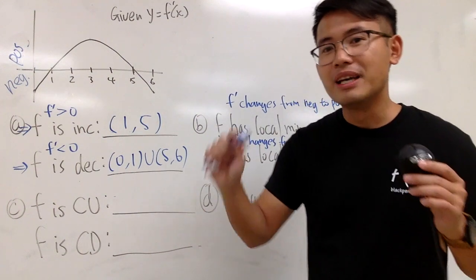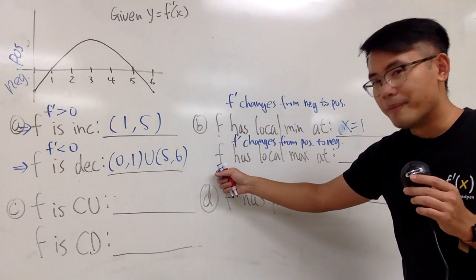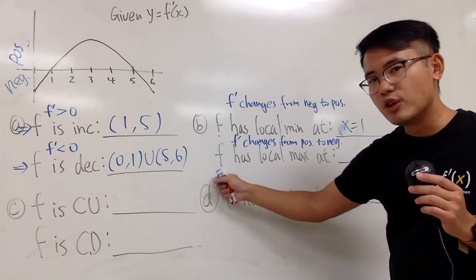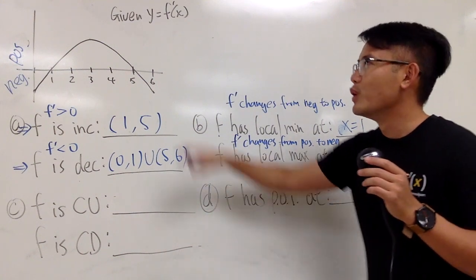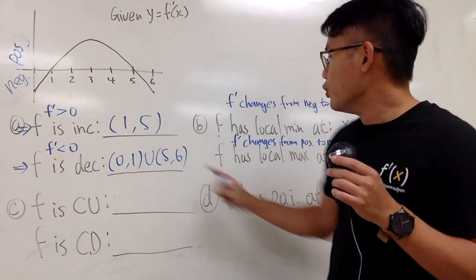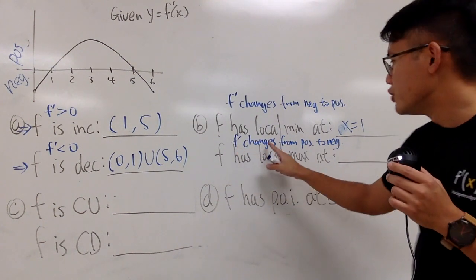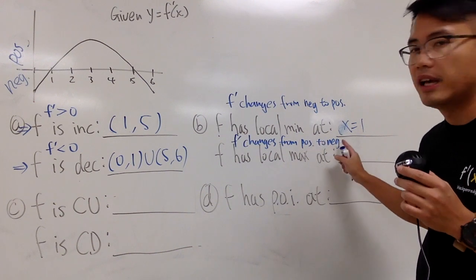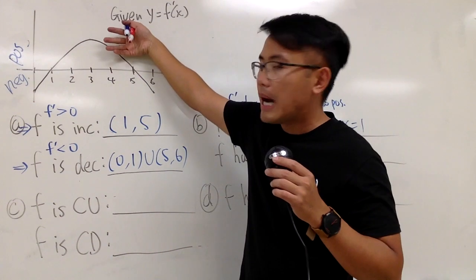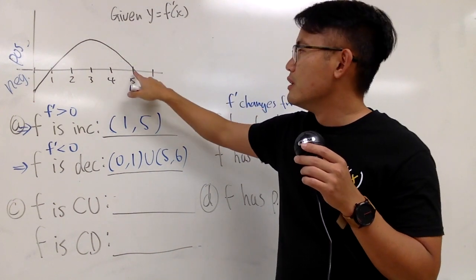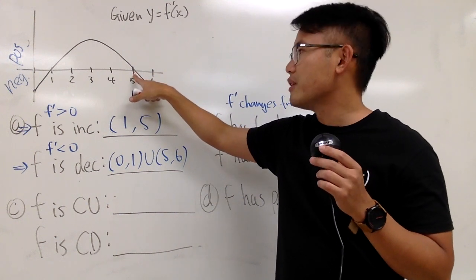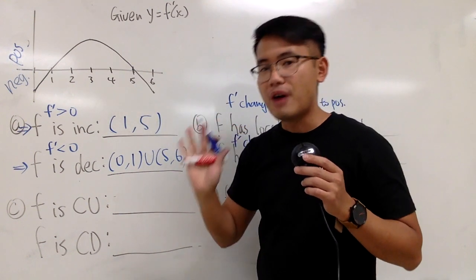That's not the case because this right here is asking us about the original function f, but we're given the derivative. You must utilize this idea here. We are looking for the place where f prime changes from positive to negative. Positive is up here, negative is down here, so it happens right here when x is equal to 5.